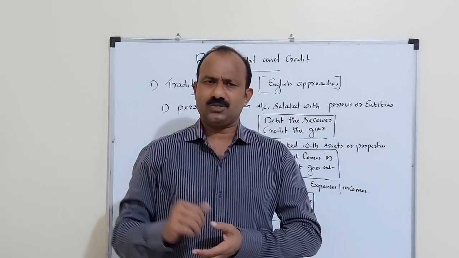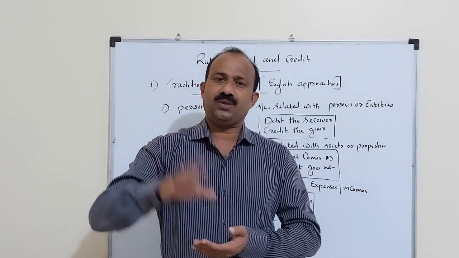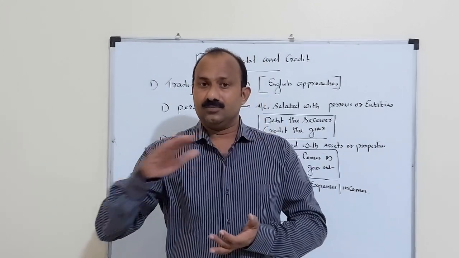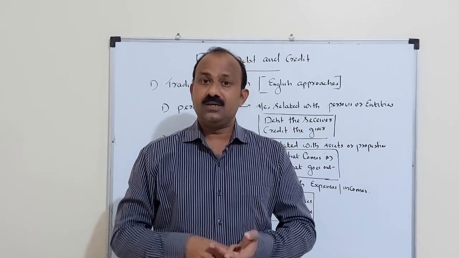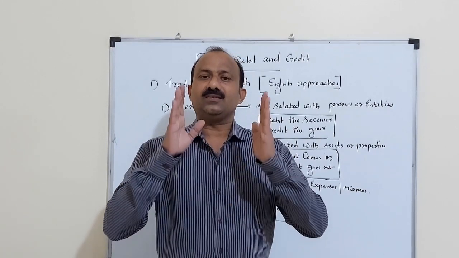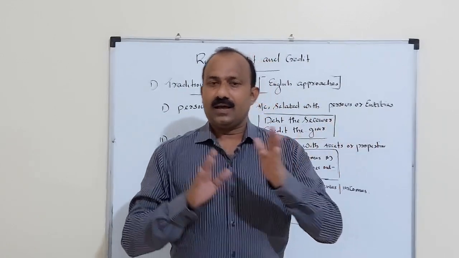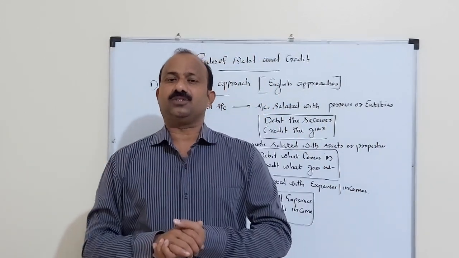Debit all expenses: rent, salary, insurance, postage, stationery. And all incomes, like commission received, rent received, any other items received, you can write as income. So all expenses will be debited and all incomes will be credited.